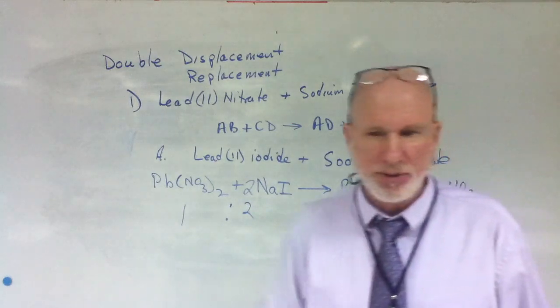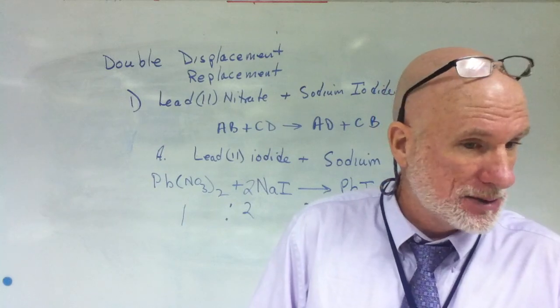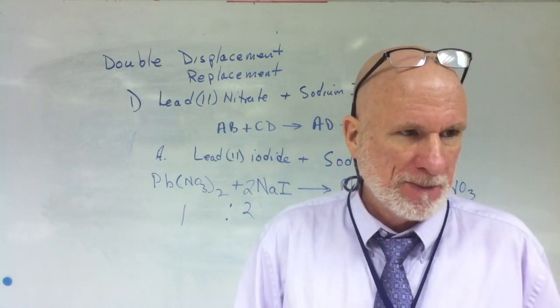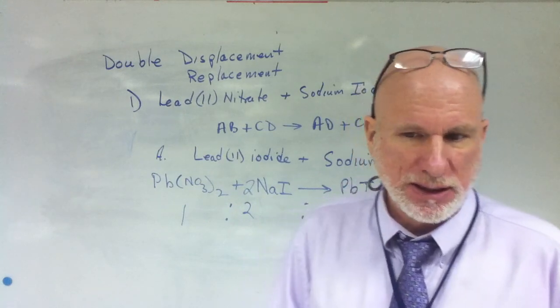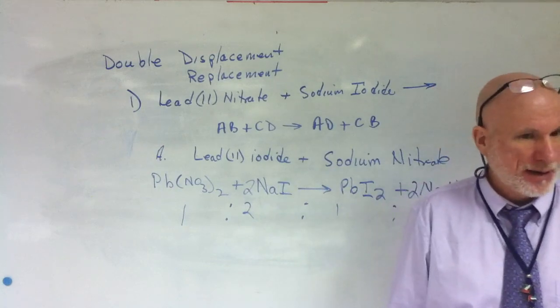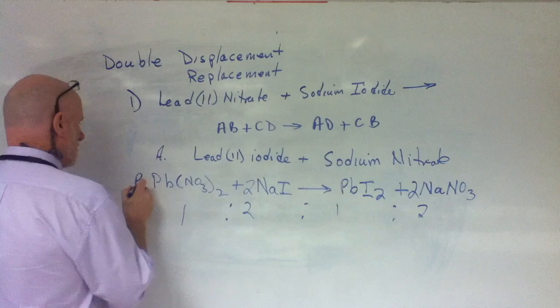No, because it's the lowest ratio. Yes, it would be balanced, but technically in chemistry, when we balance equations, it's the least combination, the lowest ratio. So that's the first kind. This is the answer to A, and that's the answer to B.